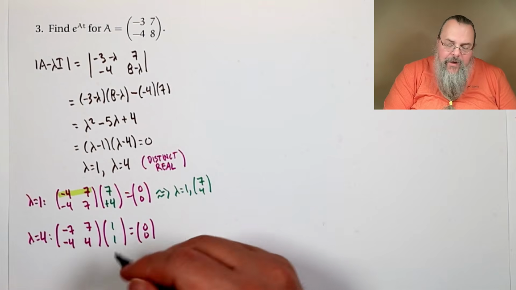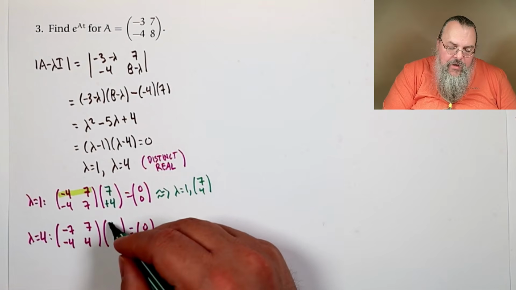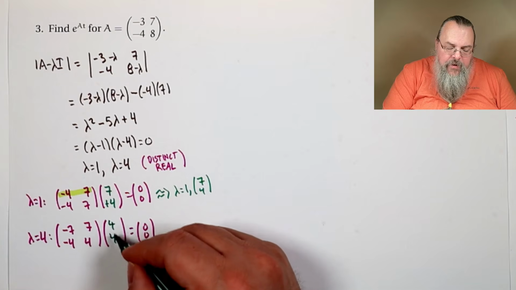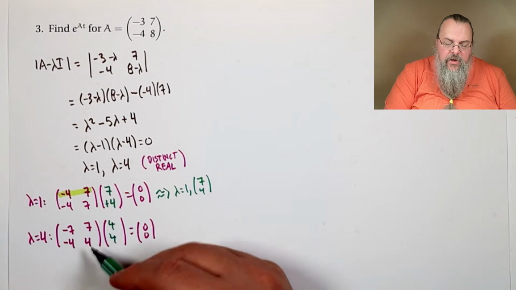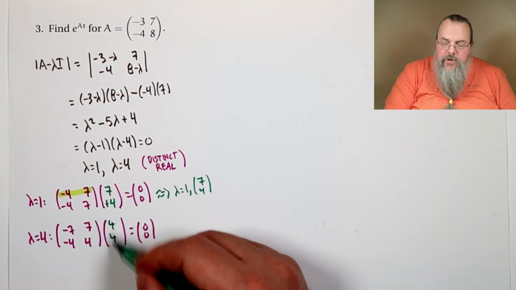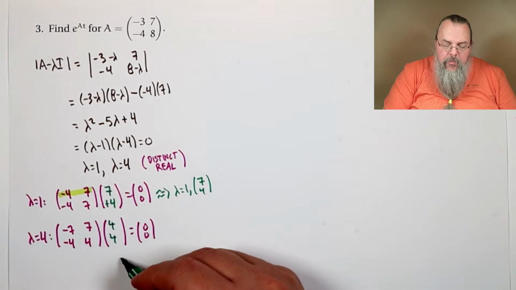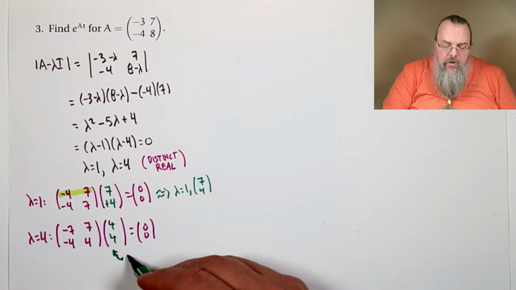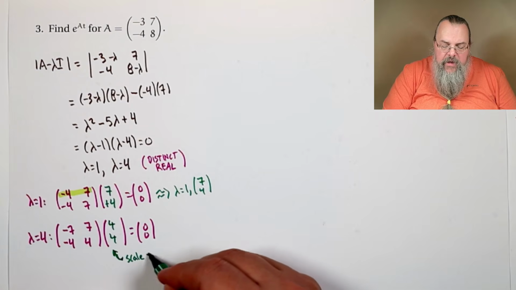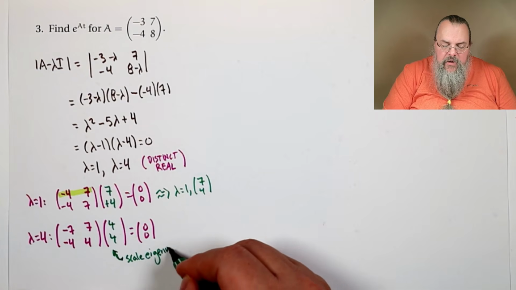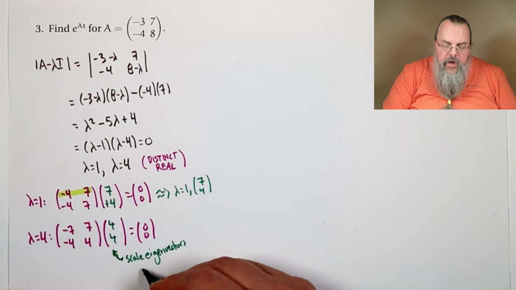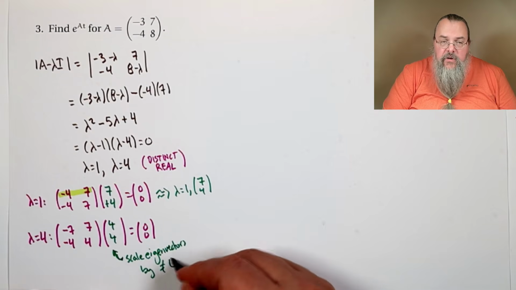Now you might say, I wouldn't have seen that. Well, what you probably would have said is, I see this solution, which comes from reversing and then scaling, flipping a sign. But now, say, look, you can always scale eigenvectors by something non-zero.